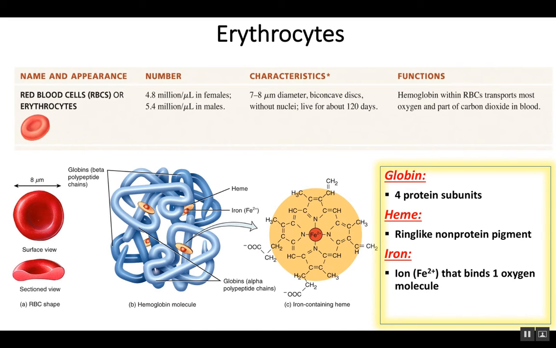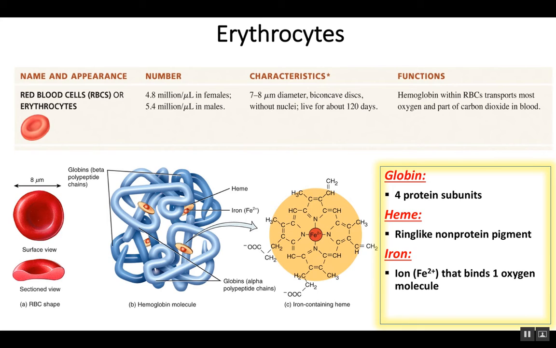Each globin contains a heme molecule. Heme is what we call the non-protein pigment. It has kind of a ring-shaped structure to it. At the center of heme, you can find an ion, specifically iron, or Fe.